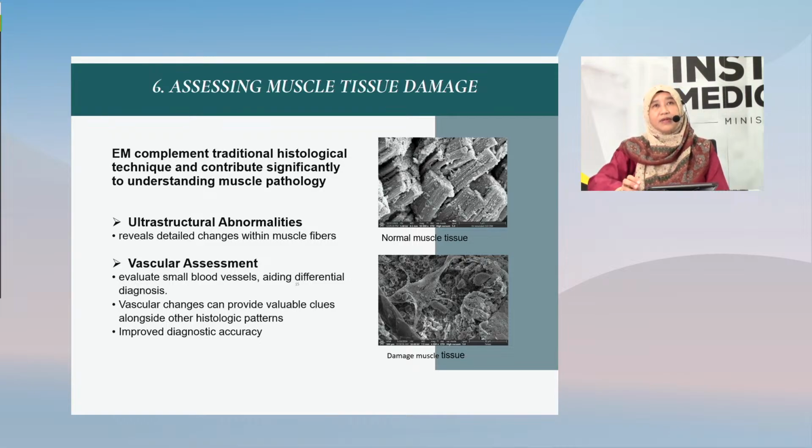In assessing muscle tissue damage, EM complements traditional histological techniques and contributes significantly to understanding muscle pathology. The micrograph allows the study of ultrastructural abnormalities and vascular assessment.